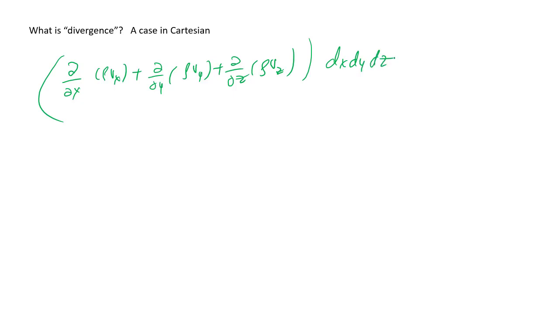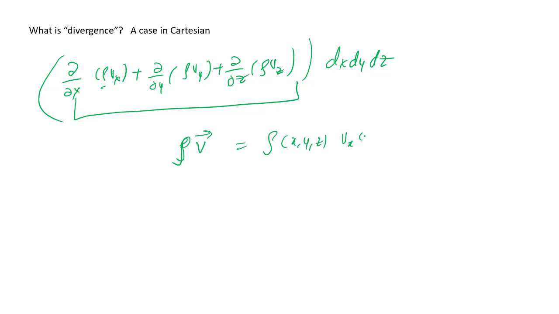If you look at this part, rho is the density, a scalar function. It need not be a number, it could be a scalar function of x, y, z, especially if it's a compressible fluid. Then I can write this rho v vector as rho times vx i plus vy j plus vz k, where velocity is the vector there, right?